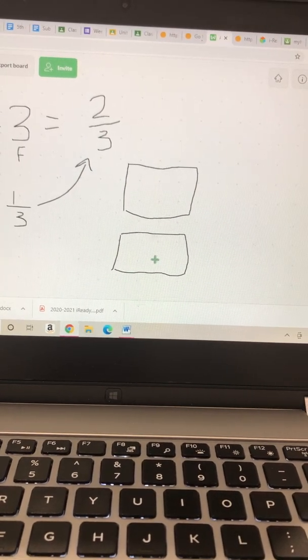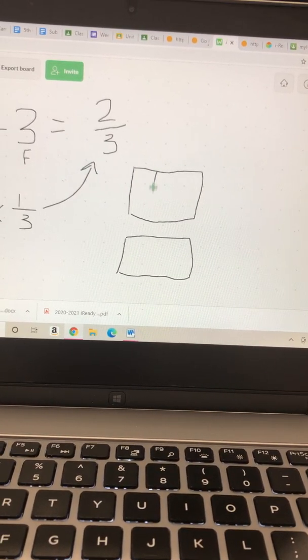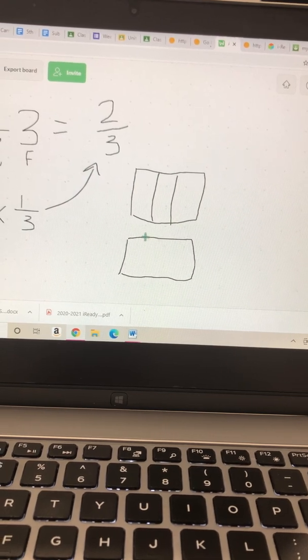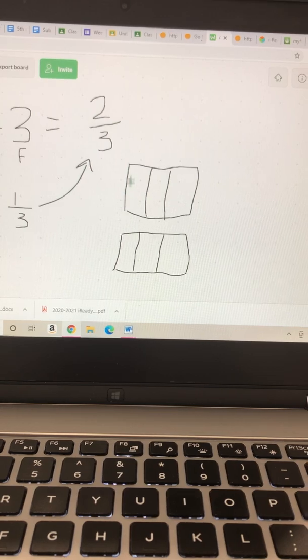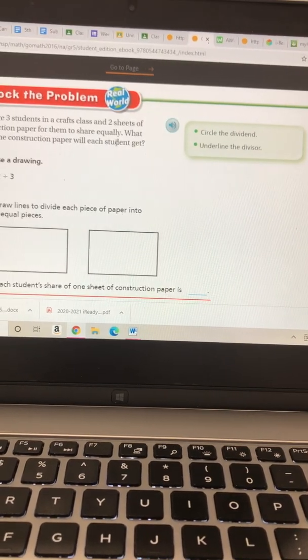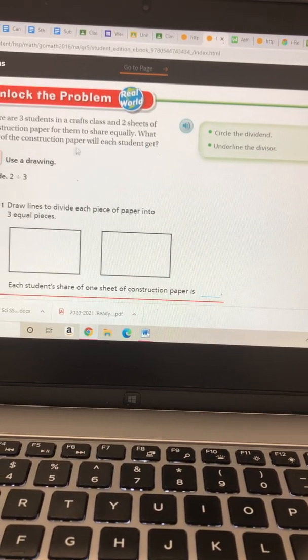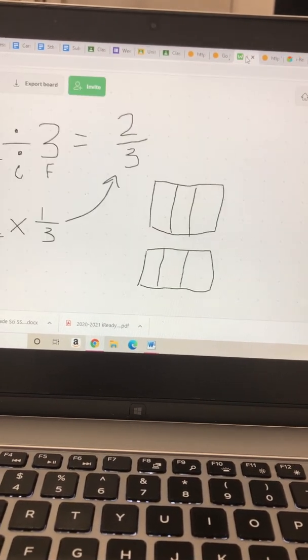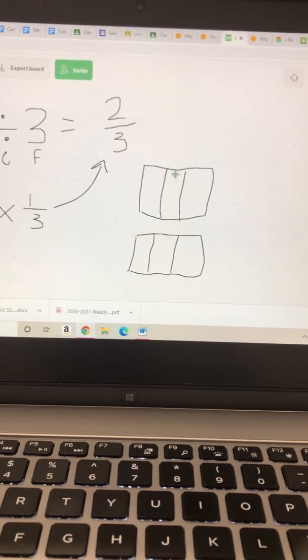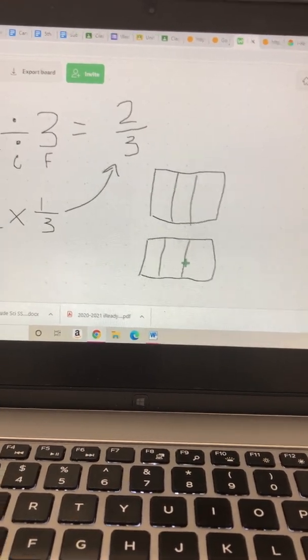So each one of these sheets of construction paper must be cut into thirds. Now we're gonna pretend my lines are nice and perfect. What part of the construction paper will each student get? So basically that's what you're doing, cutting it into thirds.